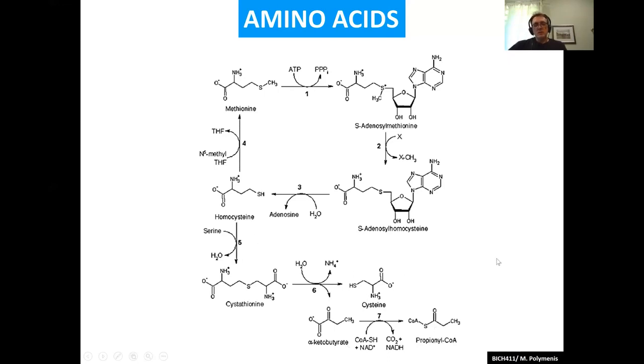Now, this part of the reaction is actually extremely important because cysteine finds itself not only in proteins, big proteins, as a sulfur-containing amino acid, but in small peptides such as glutathione, which is a tripeptide that is extremely important for the cell; it has antioxidant properties.